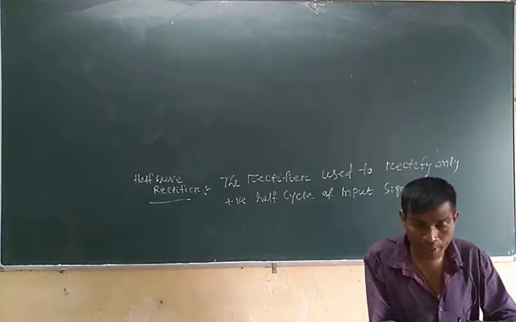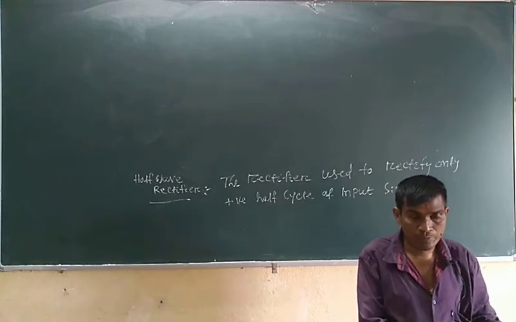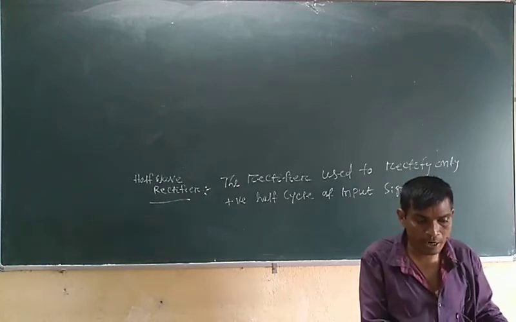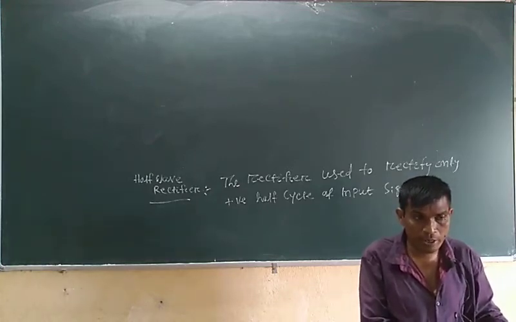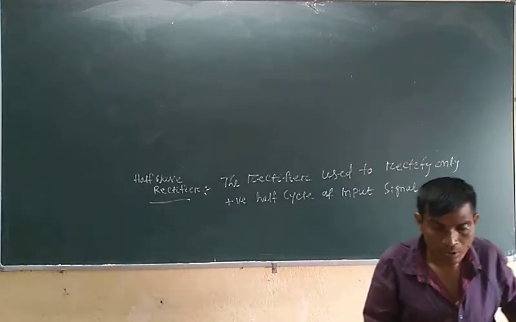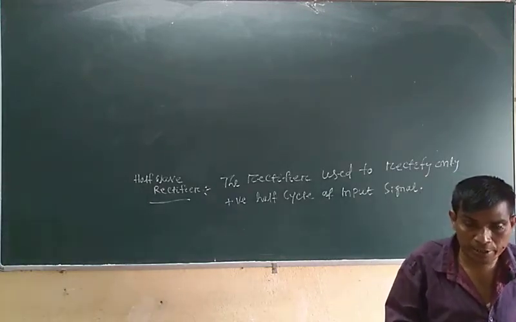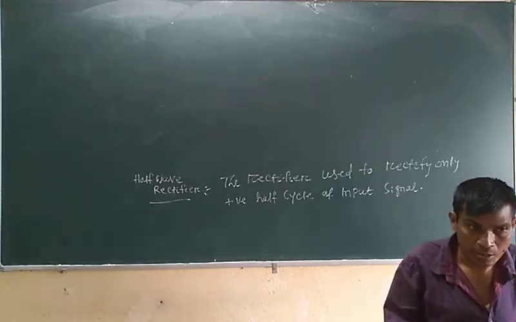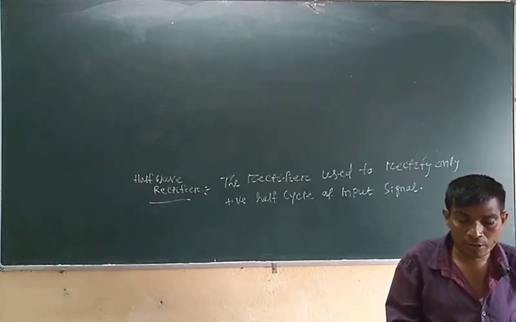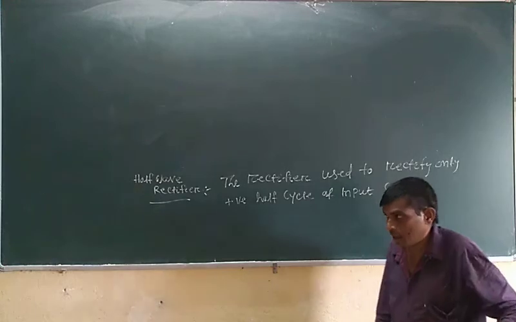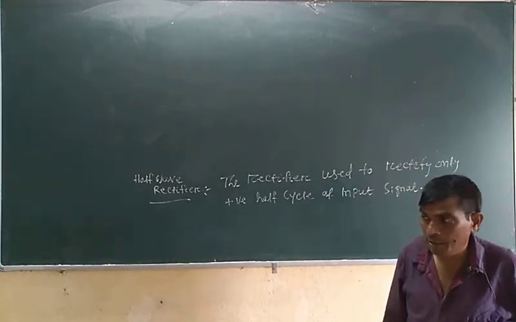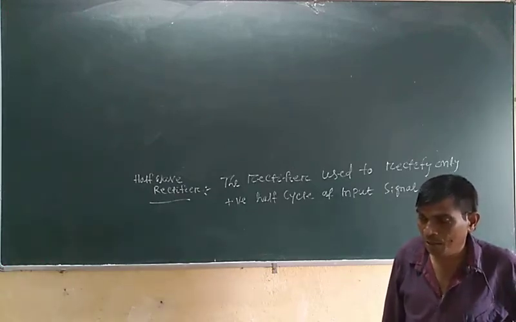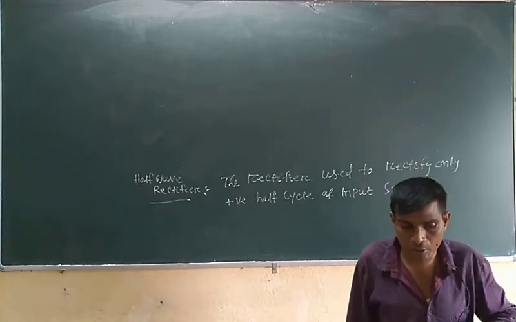During the positive half cycle, the diode receives the positive half cycle and is forward biased, so the positive half cycle passes through the diode. But in the negative half cycle, the diode is reverse biased, and in reverse bias the diode does not conduct any current.